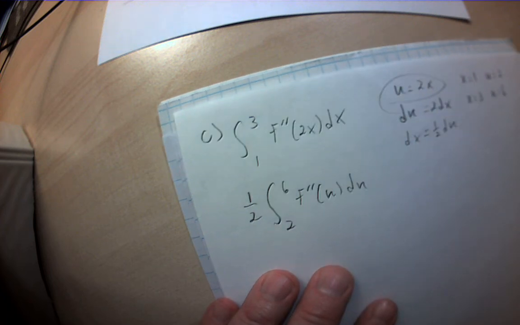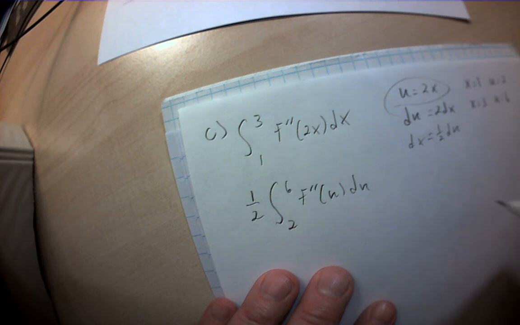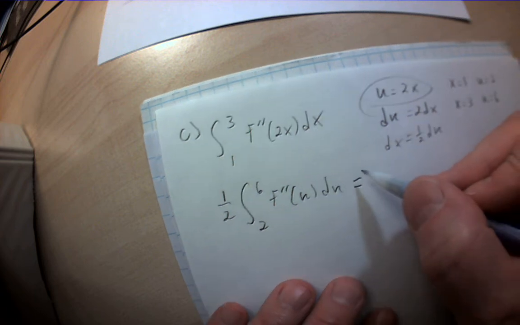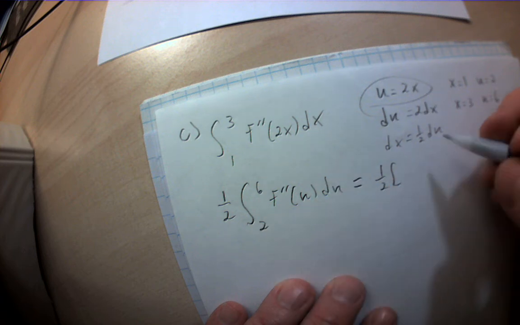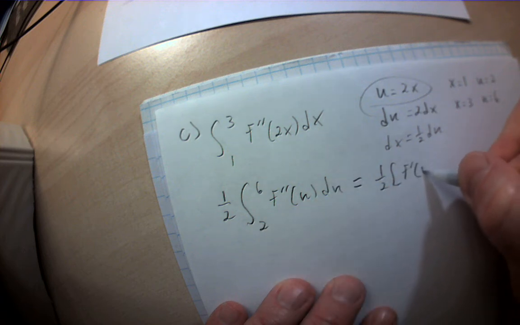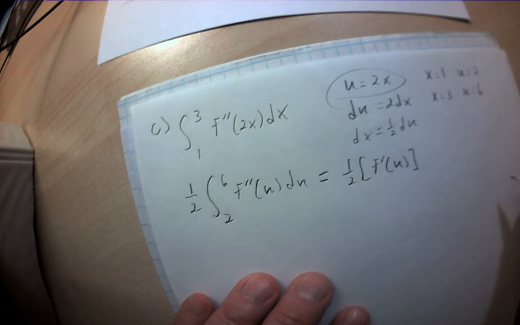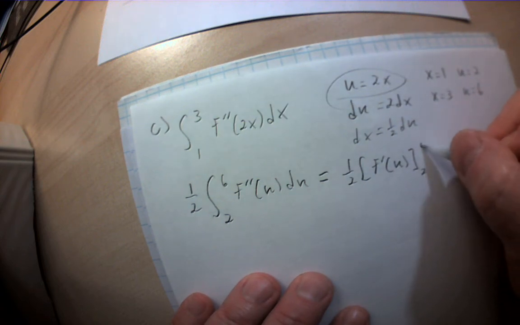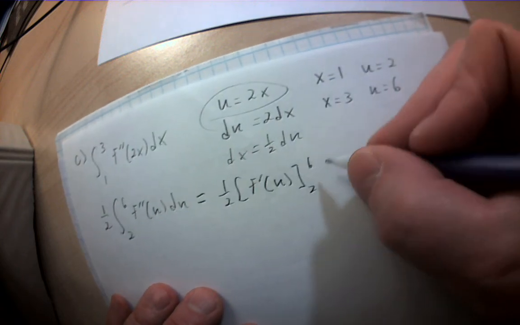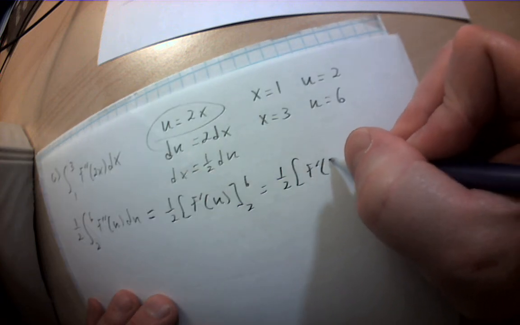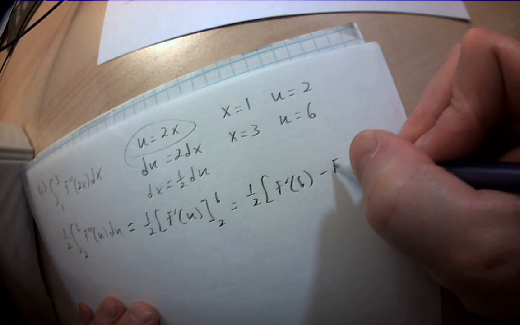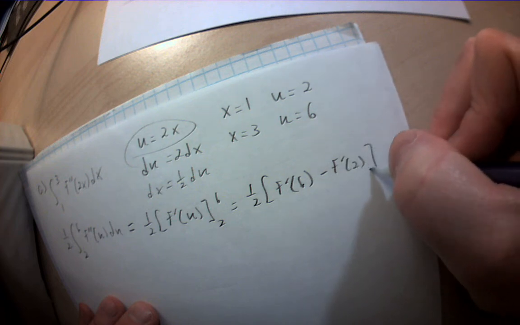Okay? So if you remember the fundamental theorem of calculus, this is 1/2 the integral of f double prime, which is f prime of u, from 2 to 6. So guys, it equals 1/2 times f prime of 6 minus f prime of 2.